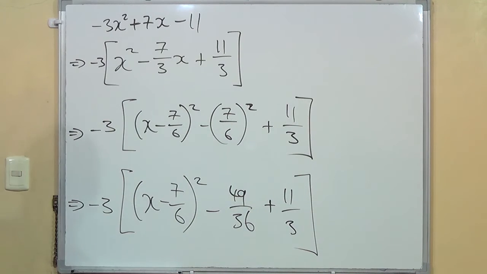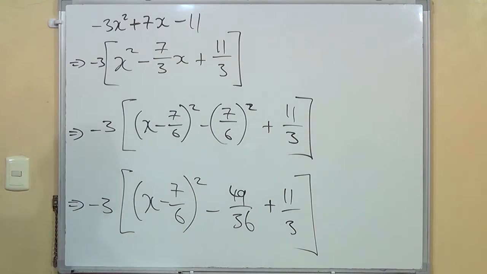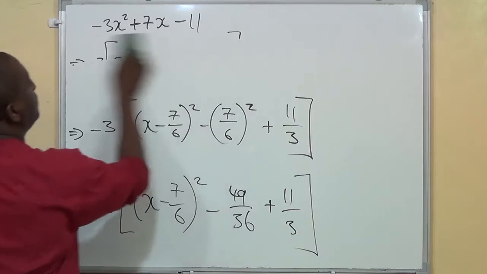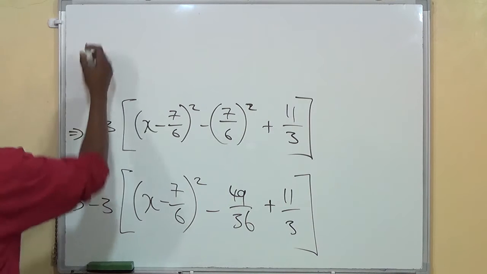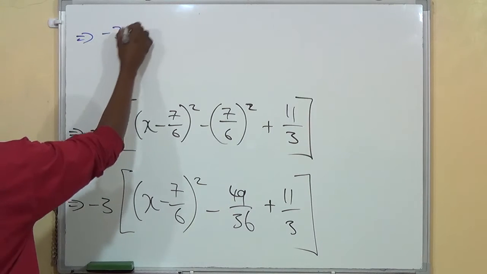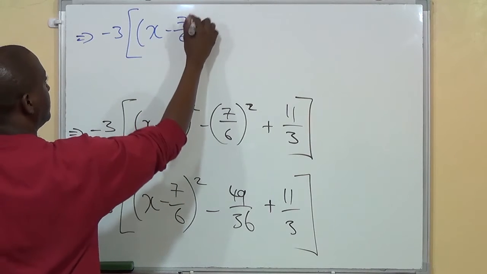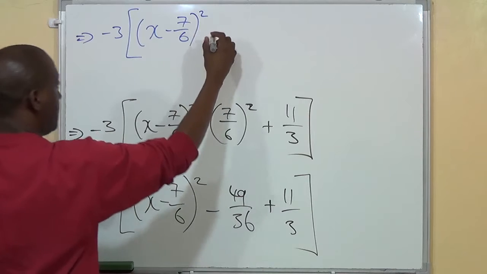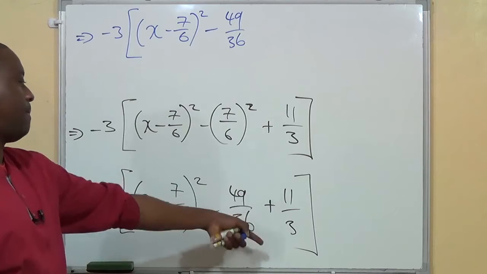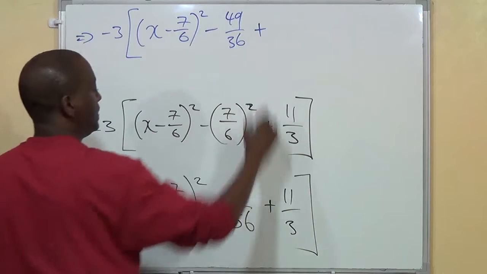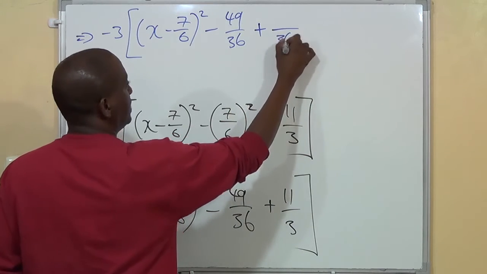So we come in back again from the top of the board with the blue ink, just as we did before. Right, so we're going to rub off here now. And we come in and we're saying that this is the same thing as minus 3 into x minus 7 over 6 squared minus 49 over 36, plus 11 over 3, and we multiply the 3 by 12 to get the 36.